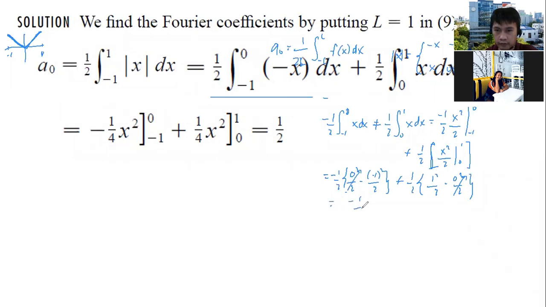So this will give us negative 1 half. This is negative 1 raised to 2 is positive 1. And we have a negative sign. So negative 1 half. Okay. Plus 1 half. This is 1 half. So this is positive 1/4, no? Tama? Negative times negative is positive. This is also 1/4, no? So 1/4 plus 1/4 is 1 half. Okay. So this is the value of a sub naught. Okay. Question so far, class? So clear ko na yung drawing, no?